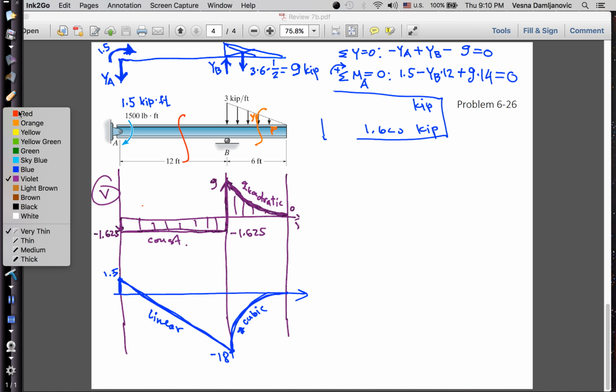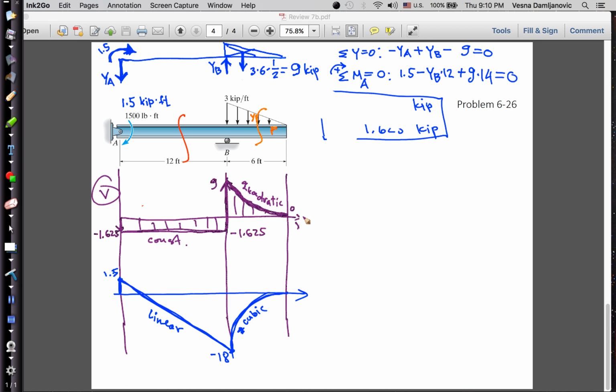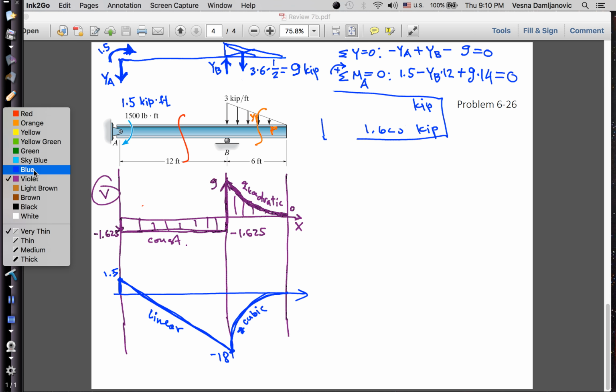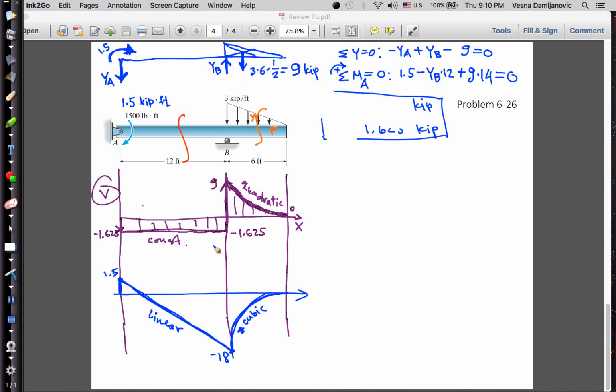The only thing that will exist on your diagram will be all this, exactly as I wrote. So this has to be present, and even if you drew it poorly, I want you to write what kind of line this is. This is a constant, that's a quadratic, that's a cubic, and that's linear. If you haven't learned these expressions by now, you better do it now, because I want to see it on the exam. Okay, this is how you solve this problem.